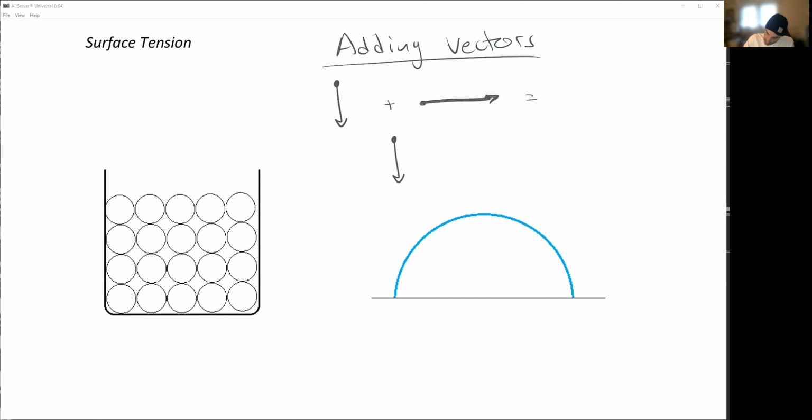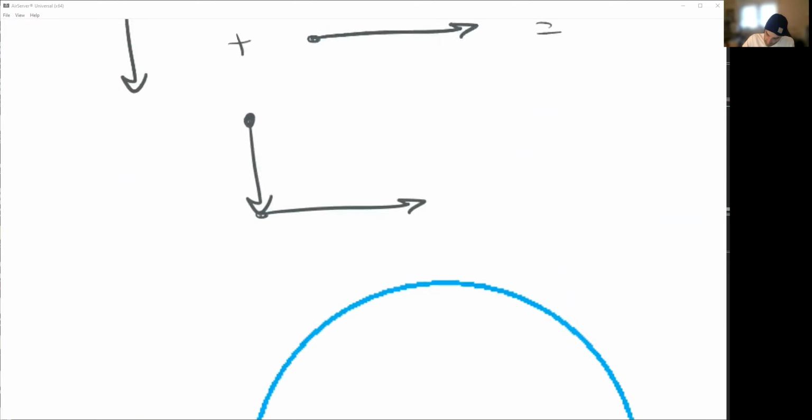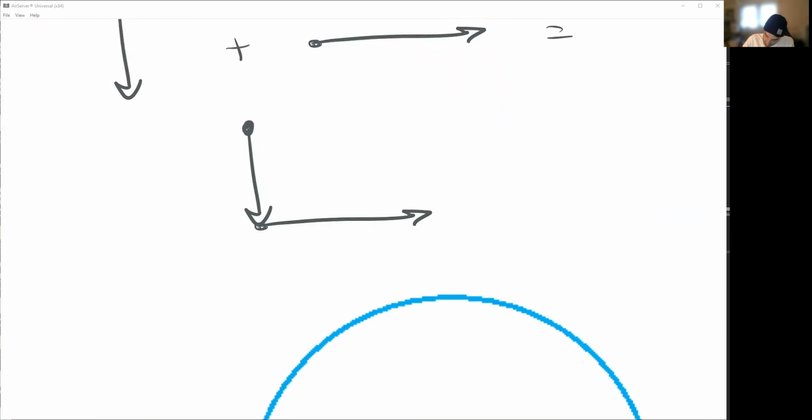So in order to figure out exactly how these are going to line up, I'm going to put the tail of my addition on the tip of that. And then I'm simply going to add them together by combining those vectors.